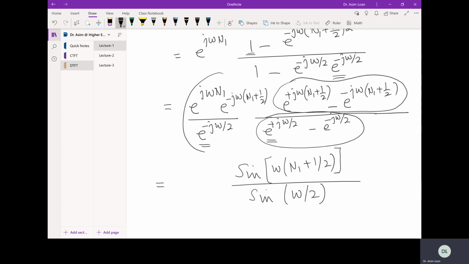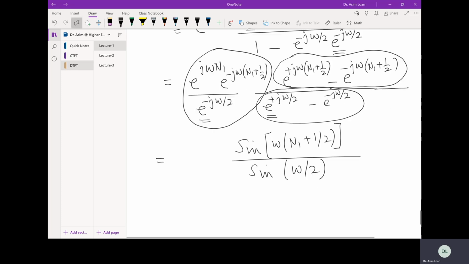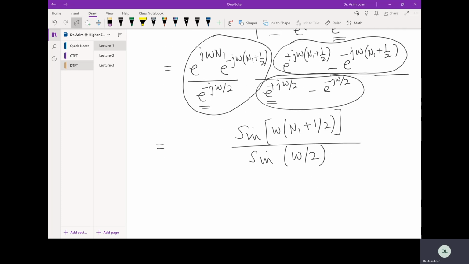What about this term? So for this term, let's look at the exponents. So we have n1, we have minus n1, we have minus half. Everything has omegas in it. And this is minus half, goes in the numerator, is plus half.